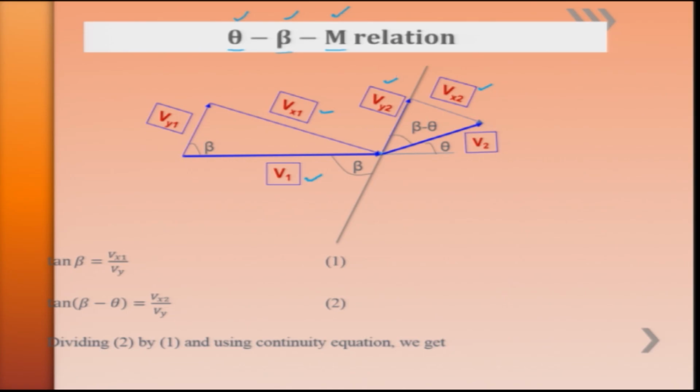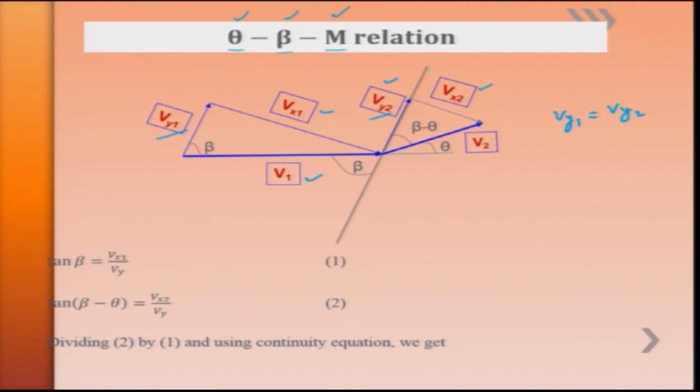Make sure that, since there is no flow parallel to the shock wave, the velocity components Vy1 and Vy2 are indeed equal, and hence the only change occurring is in the normal component of the velocity, Vx1 and Vx2.